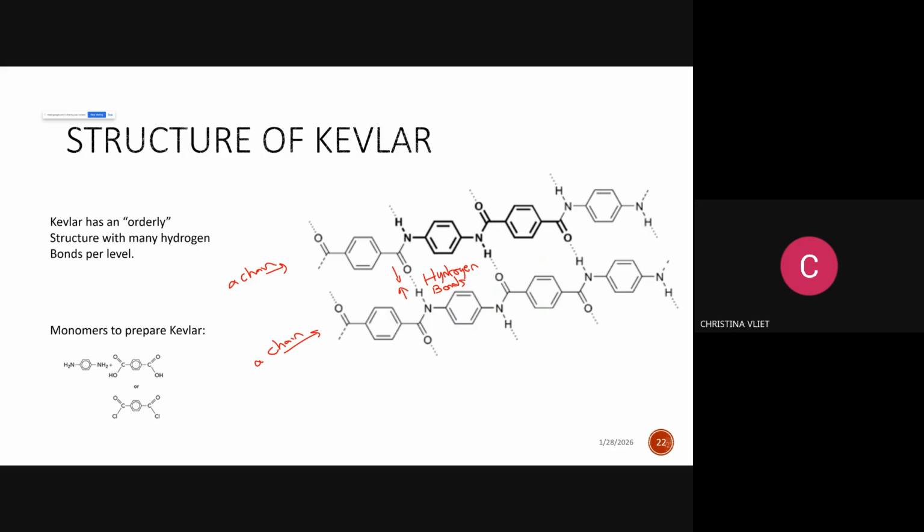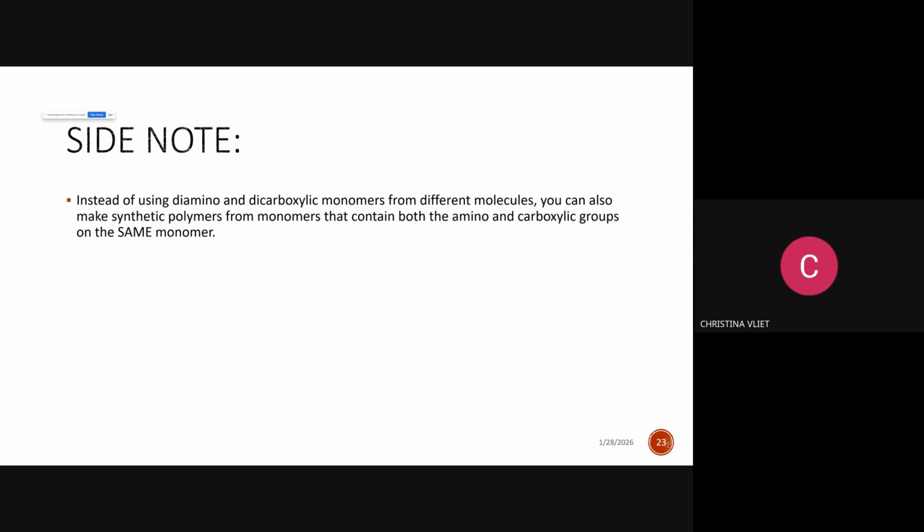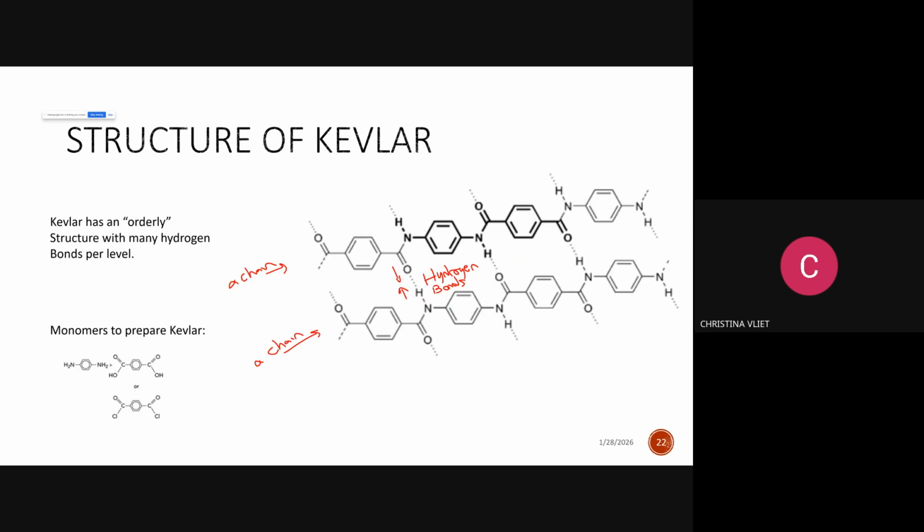So because we have thousands of these intermolecular forces of strong hydrogen bonding, it makes the material very, very strong. And these are the monomers that are used to prepare Kevlar. You can use this amine with that carboxylic acid, or you can use this amine with the acyl chloride, the dioyl chloride, and that would give you this overall structure because it would repeat over and over and over again. You should make Kevlar, Chuck. That's an interesting one.